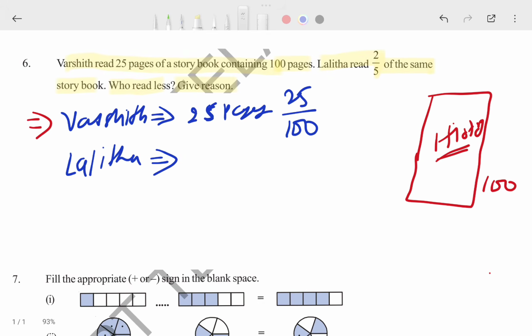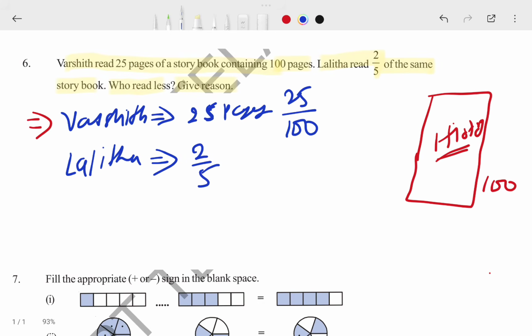Your sister reads the book, and afterwards you ask, Akka, out of 100 pages, how many pages did you read? Your Akka is very sharp in mind, and she says, I read 2 by 5 pages.